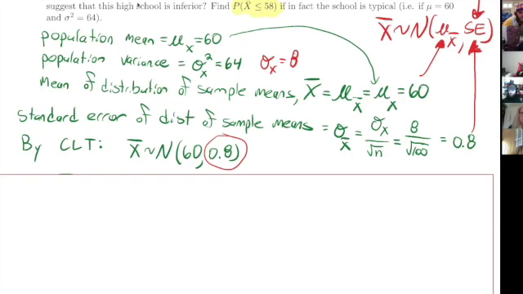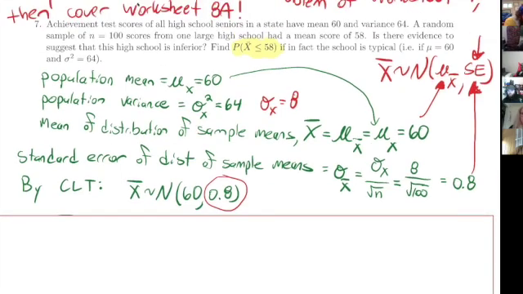So how much variability should we expect in sample means? It's less variability than we would expect in the scores of one individual student compared to another individual student. We would expect a bigger variation of individual test scores than of means of 100 students together.